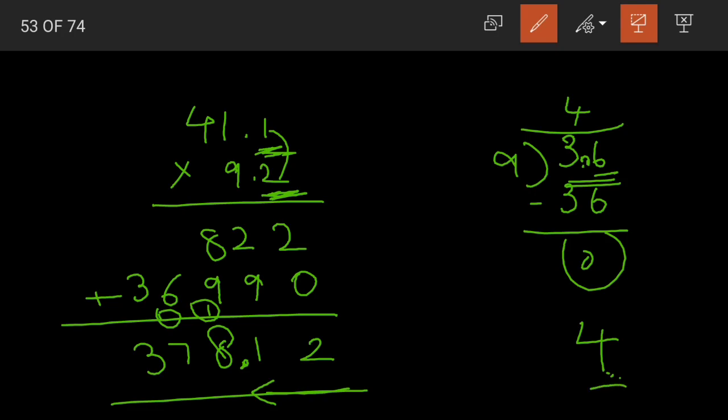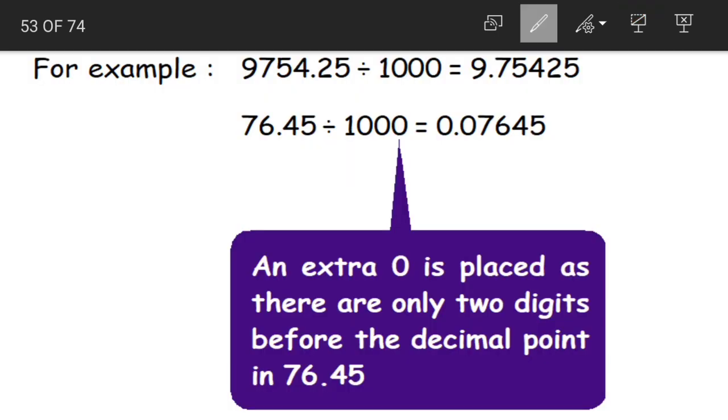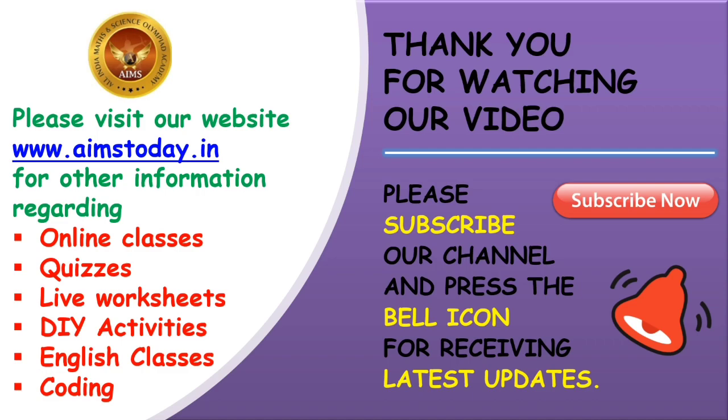So we have to place a decimal point after 1 digit from the right. And as we have nothing in the whole number part, we are writing 0. So 3.6 divided by 9 is equal to 0.4. Understood, children? This sums up all what we have learnt about addition, subtraction, multiplication and division of decimals.